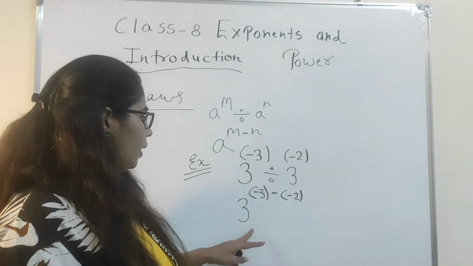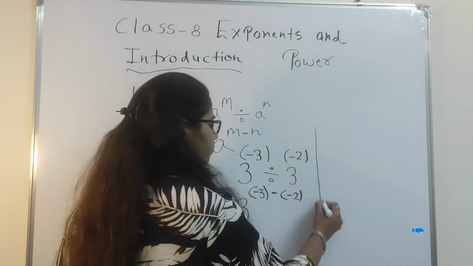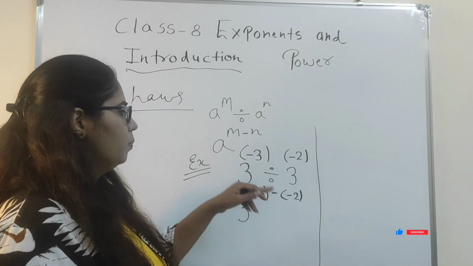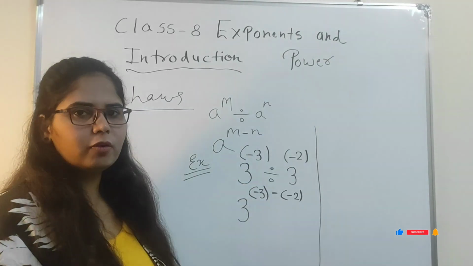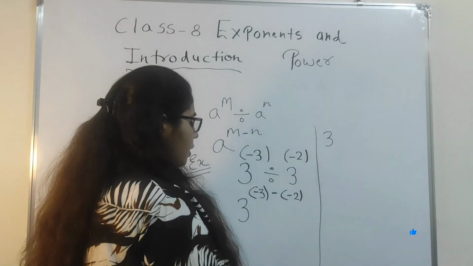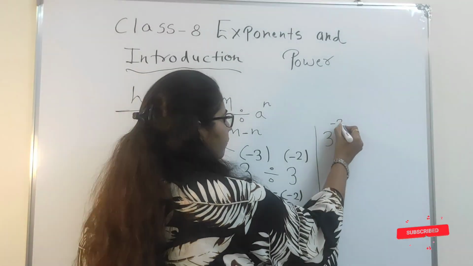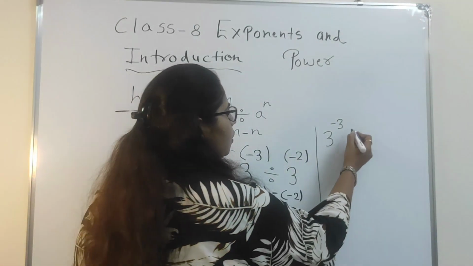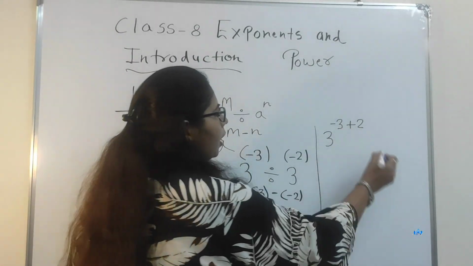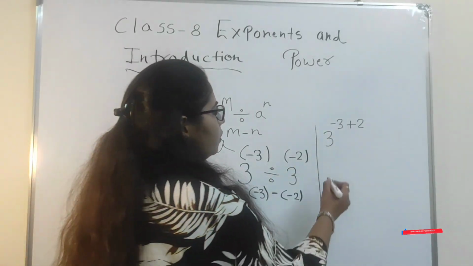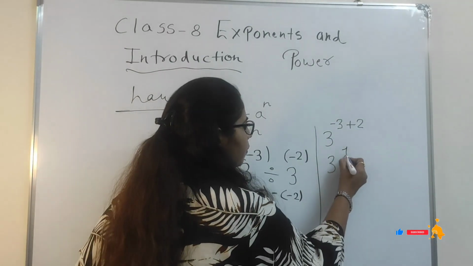So here I am solving this. Here is negative 3 minus negative 2. Because this is the division sign, the power will be subtracted. So 3 is common, negative 3. Now minus times minus will be plus, so positive 2. Now negative plus positive will be negative, so 3 to the power 1.